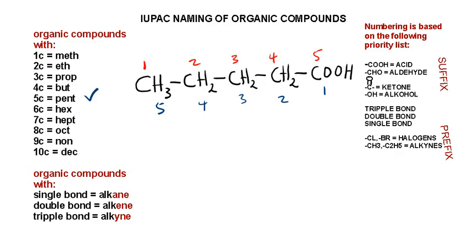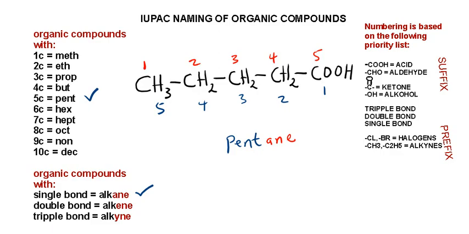So we write pent. Then we check for the bonding. The bonding that exists here is a single bond belonging to alkane. So we take ANE and put it here. It becomes pentane. But pentane is really not the name of this compound. Let's find out the real name.